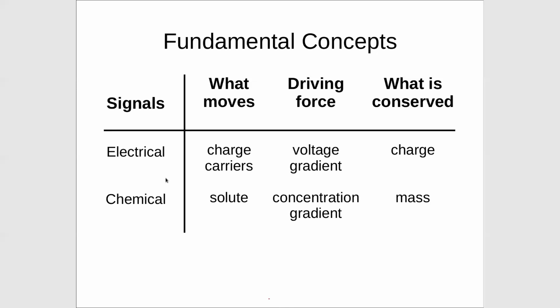And so going forward, we're going to focus just on how NEURON deals with electrical signals, realizing that at the level of mathematics, chemical signals need to be represented in exactly the same way, and NEURON does that, okay?